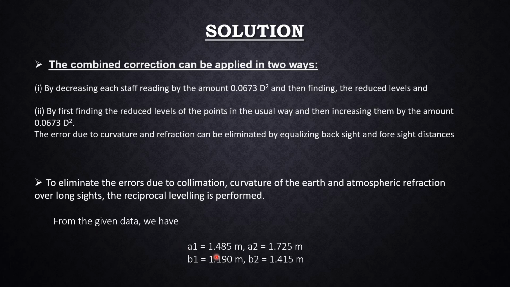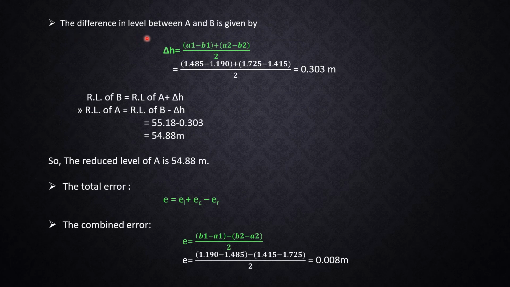A1 is equal to 1.485 meter, A2 is equal to 1.725 meter, B1 is equal to 1.190 meter and B2 is equal to 1.415 meter. The difference in level between A and B is given by delta H is equal to (A1 minus B1 plus A2 minus B2) divided by 2. From the values of A1, B1 and A2, B2, we get delta H is equal to 0.303 meter.